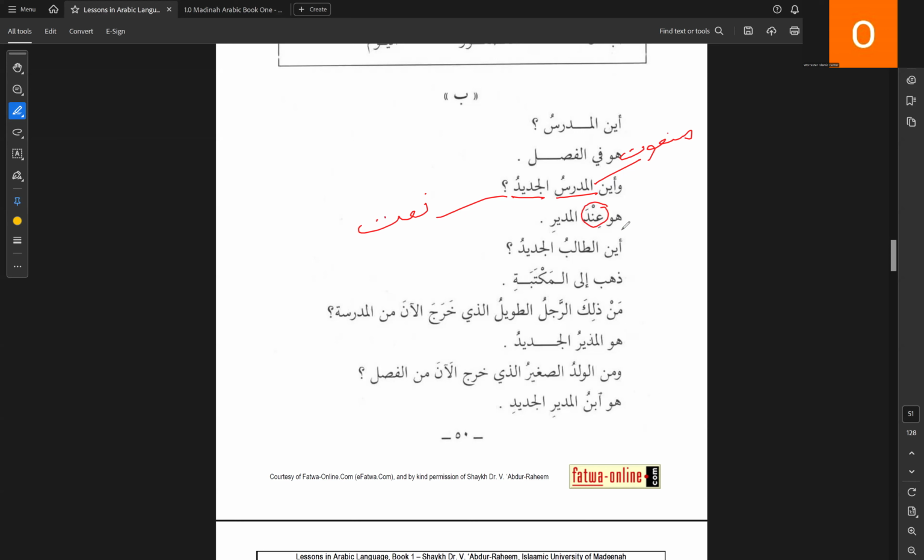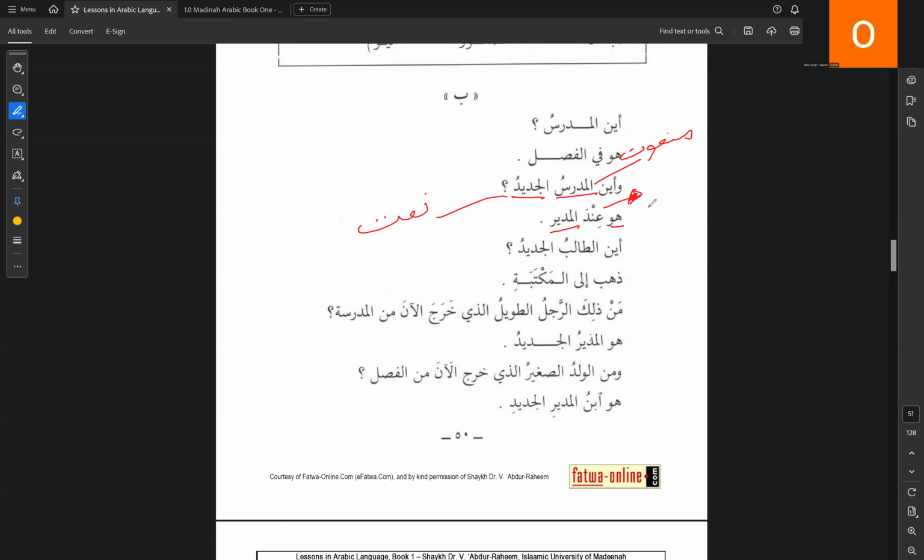هو عند المدير. هو means he is, and the mudir we know already. What does that mean? No, no, no. That is مريض. This is mudir. Mudir is the principal. So what do you think عند means? With.